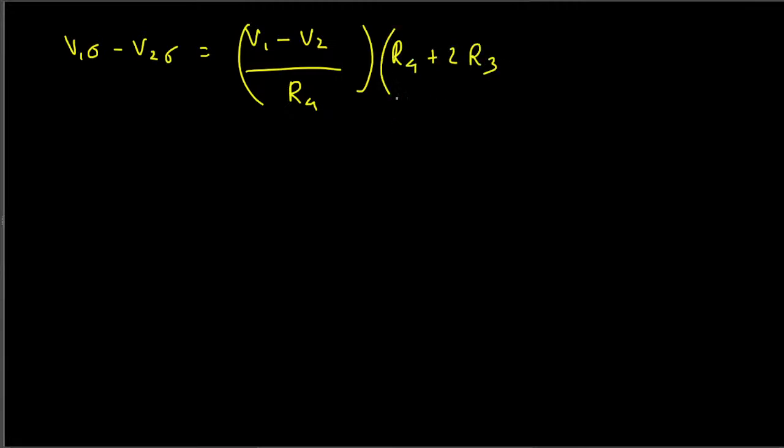Okay, so this is what we have so far. Okay, so we have V1 minus V2, R4 plus 2R3.